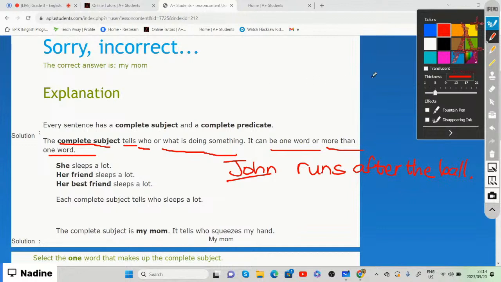And if you say more than one word, then say, for example, the subject is maybe the cat or the cat and mouse, because both are subjects. So it's either the cat, which is the subject, or the cat and mouse is the subject. And it tells us who or what is doing something. And remember, a subject is basically the main noun or a pronoun.